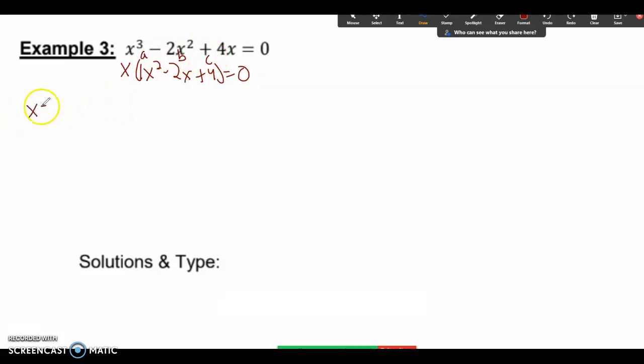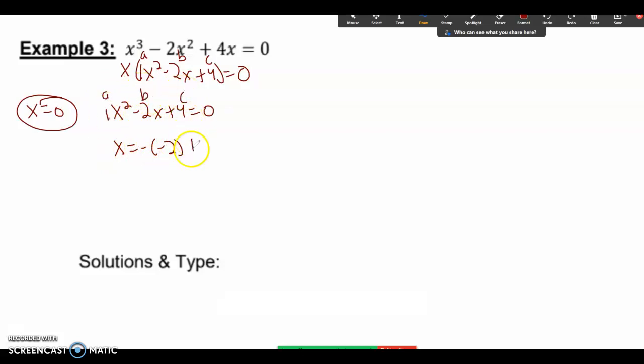So I can say each of those equal to 0, x equals 0, and then x squared minus 2x plus 4 equals 0. And I can do the quadratic formula from there. X equals negative b plus or minus the square root of b squared minus 4ac all over 2a.